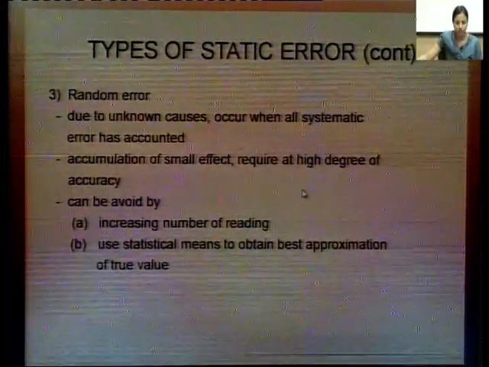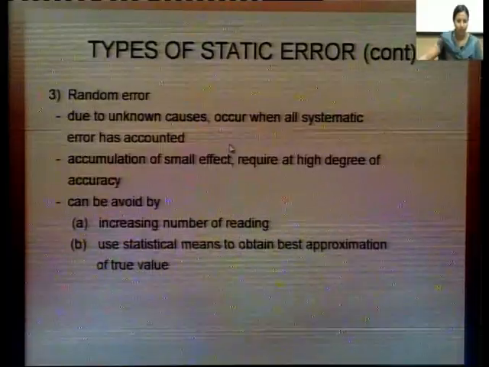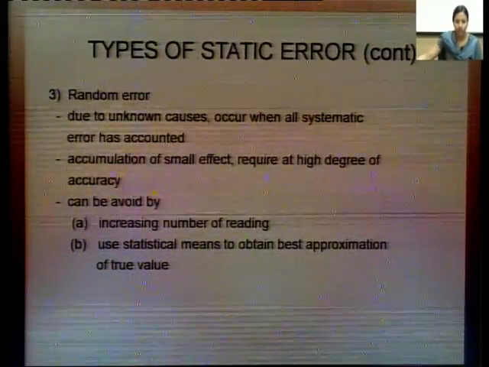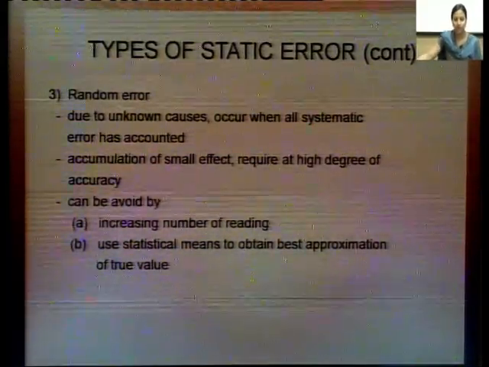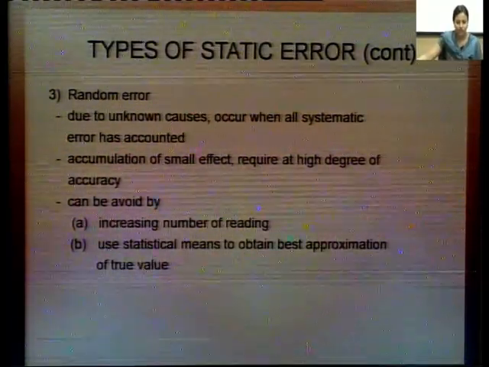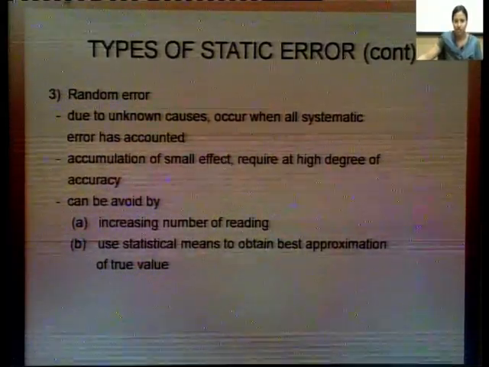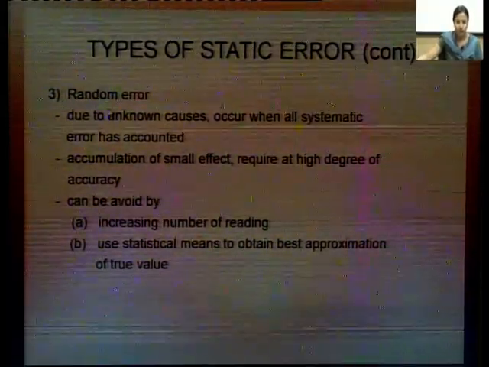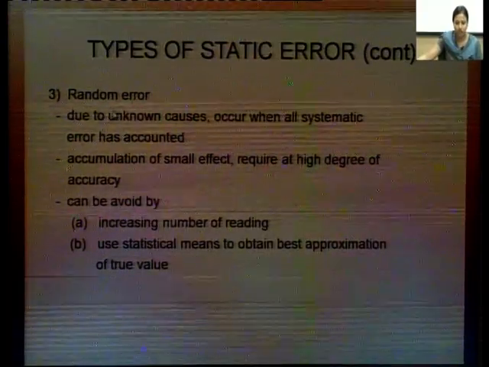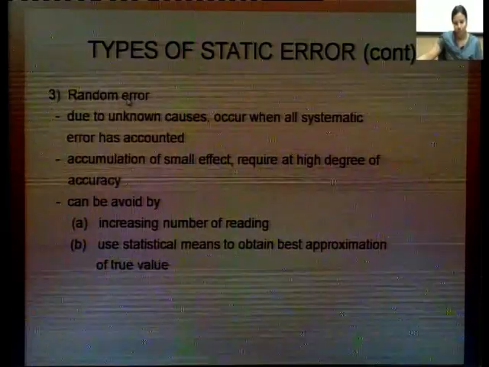Here we take an example of random error. If you are doing some experiment like with a Vernier caliper, your teacher suggests you take at least 3 readings for each experiment. This is due to random error.